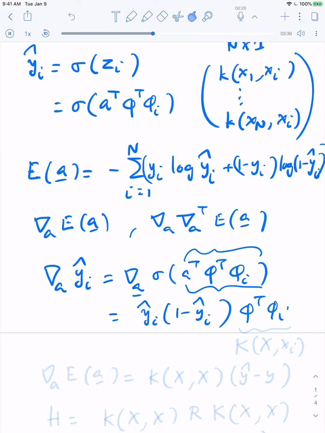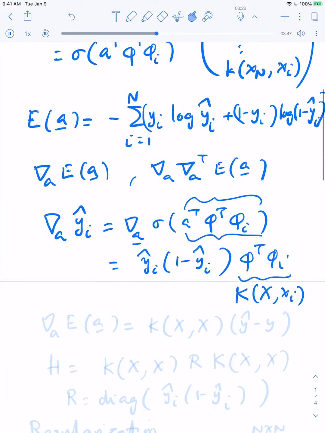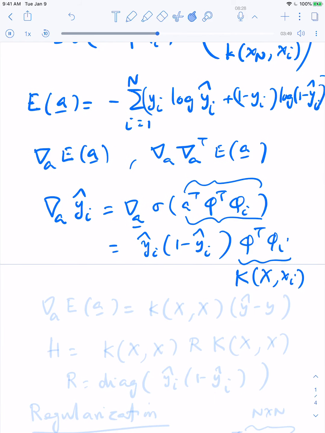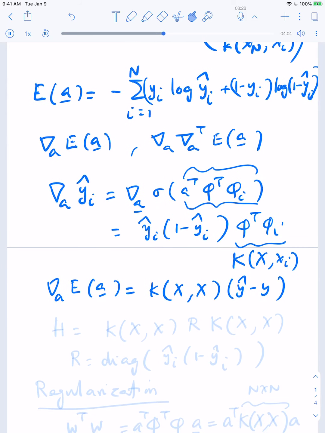And of course, what is this? This is k(x, xi). When you put all these together, just like before, the gradient will become kxx times y hat minus y, taking the same steps as before. I'm not going to go through those details because I think it's really good for you to do it yourself.